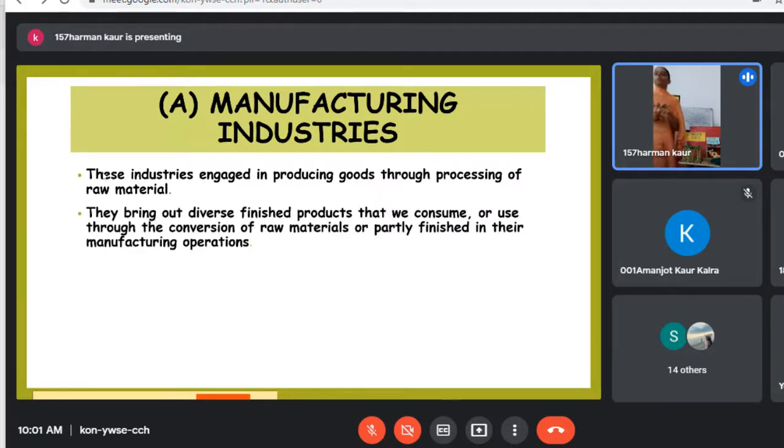They bring out diverse finished goods that we consume or use through conversion of raw material or partially finished goods in their manufacturing operations. Finished goods are mostly sold in the market. And partially finished goods, we have done the example of steel. Steel is a partially finished good for the industries who manufacture products with the help of steel.